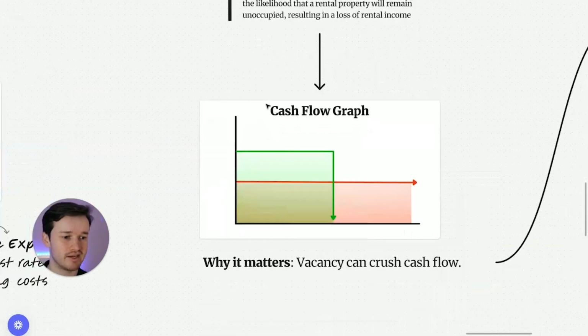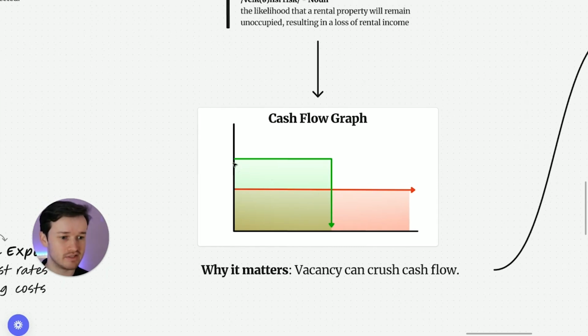If we look at a cash flow graph, vacancy can crash cash flow. Because if you've got a property that's generating an income and it also has fixed expenses, and the income suddenly disappears, you've still got these fixed expenses to pay. That's why most people are scared of commercial property. They think, I've got this massive loan and this one tenant, and if the tenant leaves, I've got this huge mortgage that I've still got to pay out of pocket.